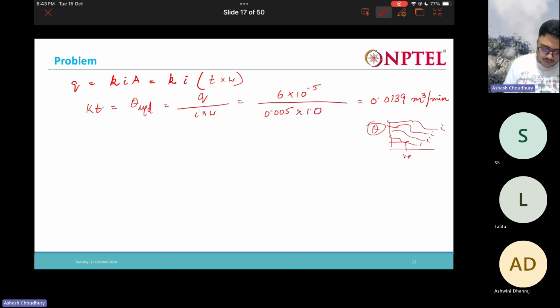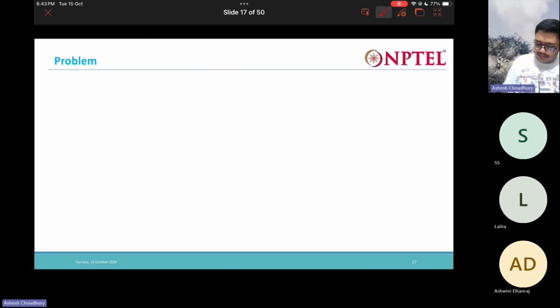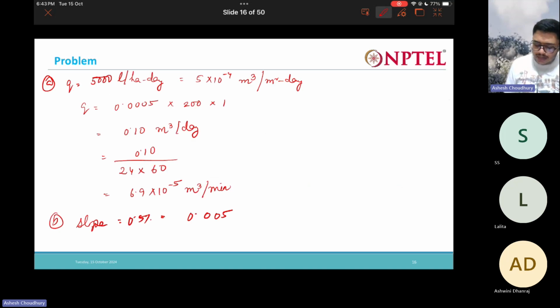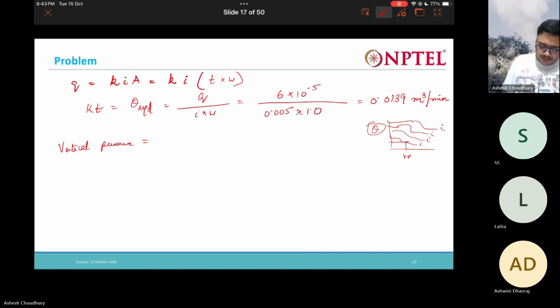So what is the vertical pressure? The height is 7 meters of water, so 7 times gamma w, 9.81, which is approximately 70 kPa. From the test data we get theta.